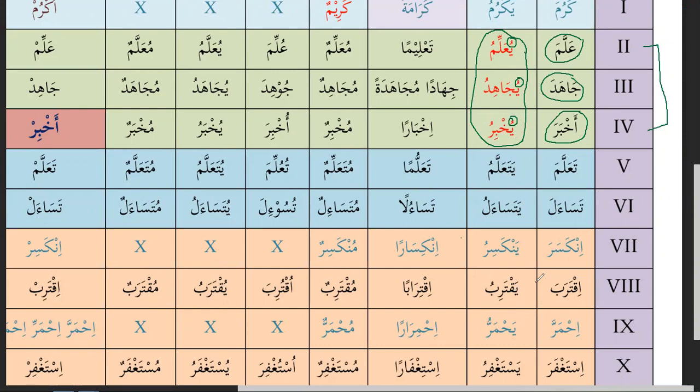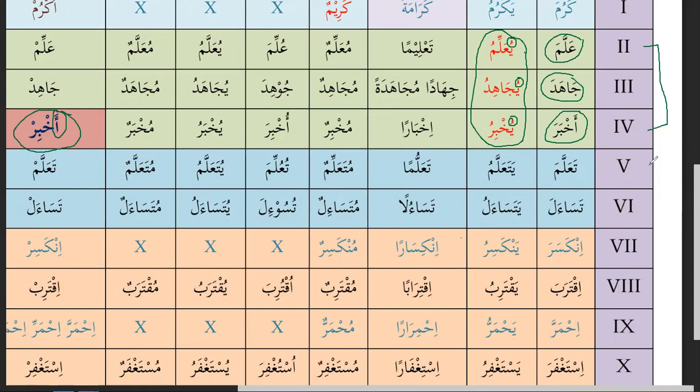And akhbara is the only family in Arabic whose command starts with a. Everything else never starts with a, it's either u or i, but never a. Akhbara is the only family. So you got this? Okay.